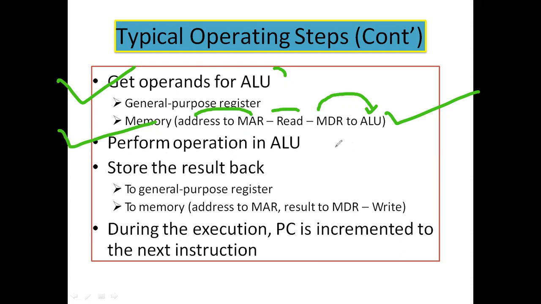After the operation is performed, the result will be stored back to some memory location. So address to MAR, result to MDR, and that is a write, because that content is now being overwritten. I hope you got the difference between read and write operations clearly. Can I assume so?